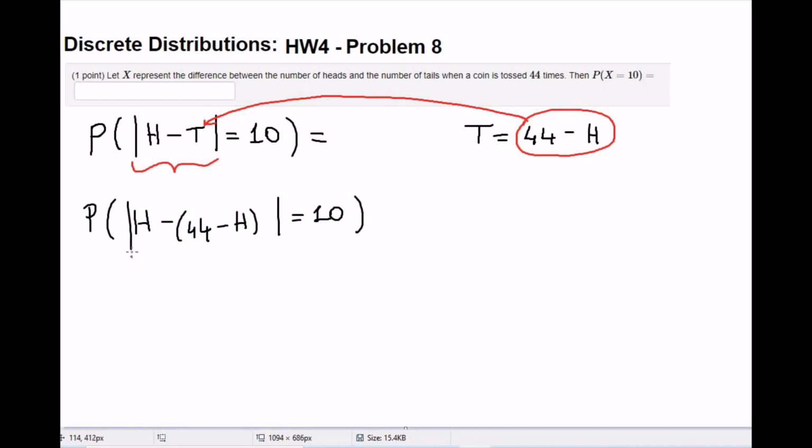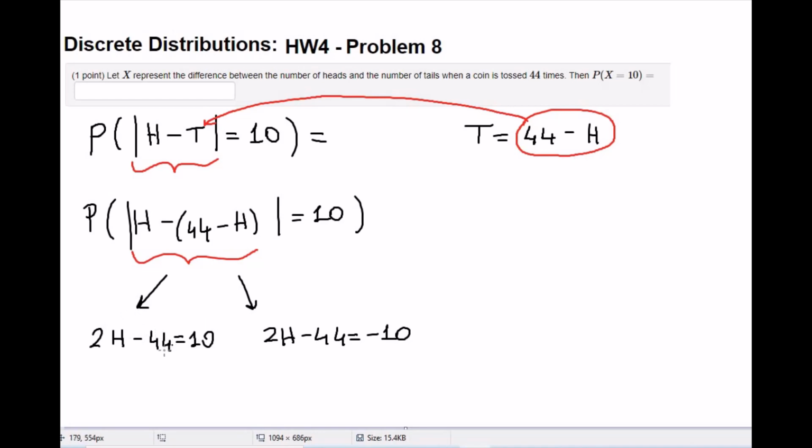Now we can handle this absolute value. Absolute value by definition is equal to both positive and negative value. So if we simplify here, we're going to have 2h minus 44 equals to 10, or 2h minus 44 is equal to negative 10.